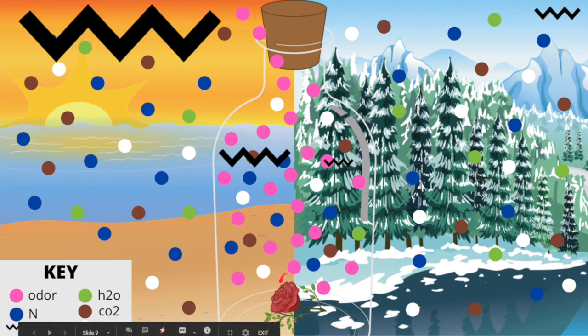Here you'll see I have my odor source, which is this rose, and I have demarcated my odor molecules with a pink dot. In order to meet the requirement of showing that gas takes the shape of its container and it can enter and exit a container, I have placed my odor source in a glass bottle so you can see the odor molecules emanating from their source, floating up to the top like air molecules do, and then squeezing out into our atmosphere from outside the bottle.